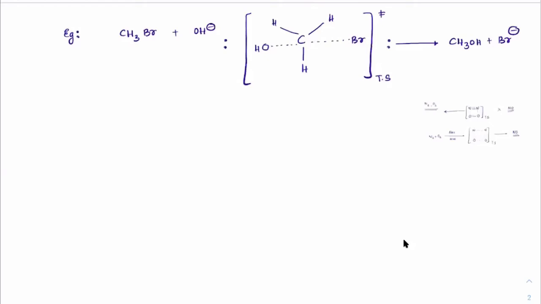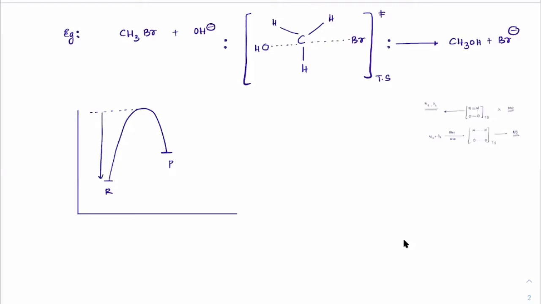That depends upon something called activation energy. I'll tell you what it is. Suppose from here, this is reactant, and let's say this is product. If you are able to achieve this much amount of energy, this energy is called activation energy, represented as EA, then this transition state will definitely give products.